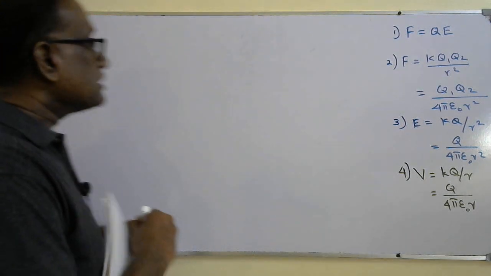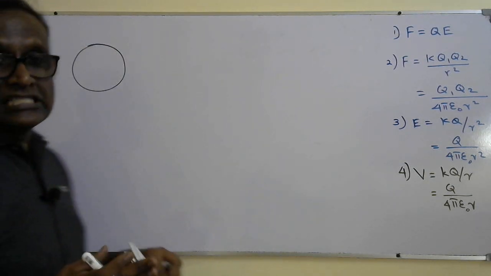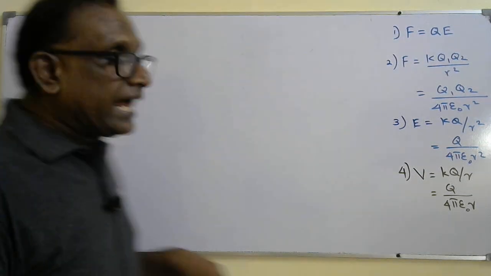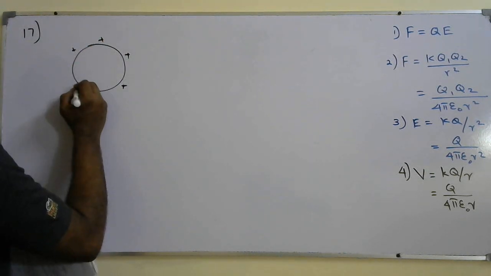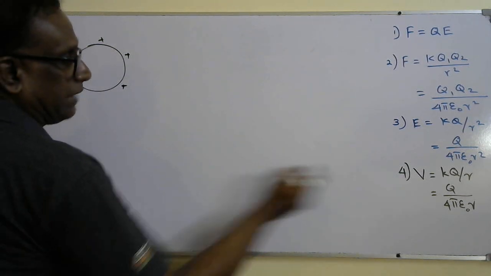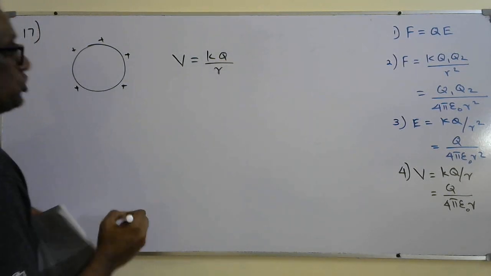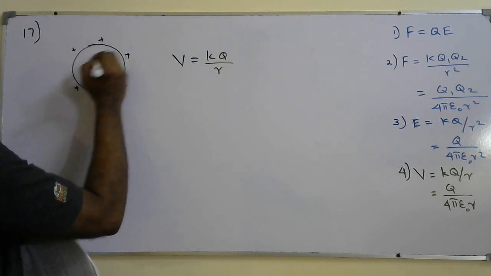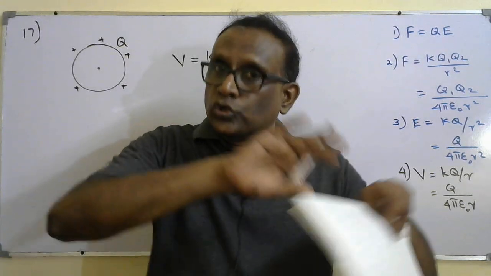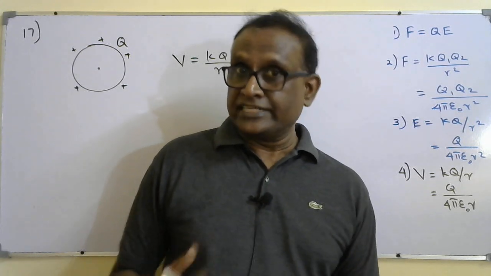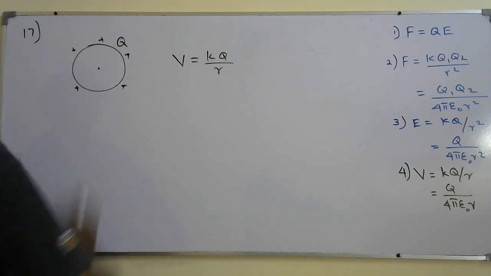Here also I can use it for a metal conductor or conducting sphere when it carries a uniform distribution of charge on its surface, by assuming the whole charge is concentrated at the center. If the total charge on the surface is 10 microcoulomb, I can assume the whole charge is concentrated at the center.